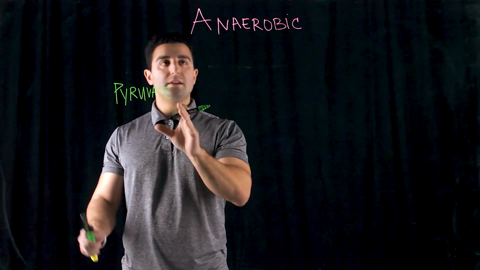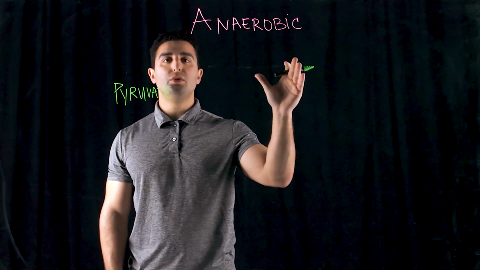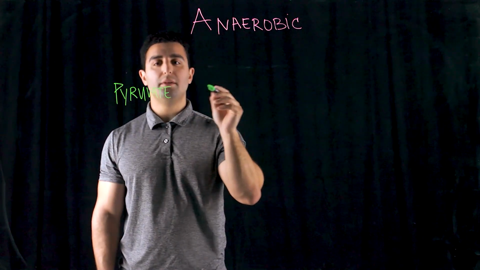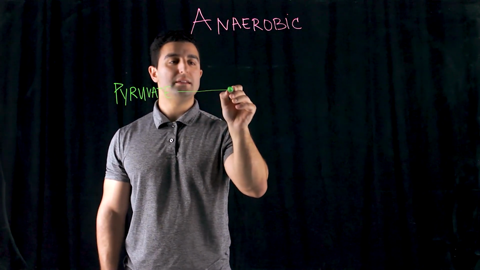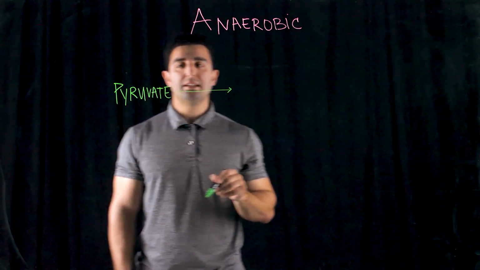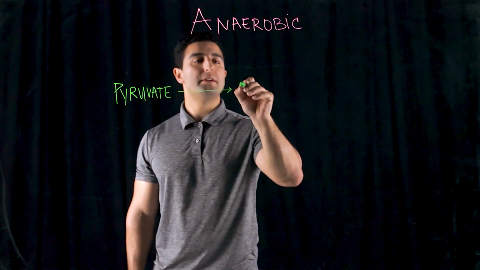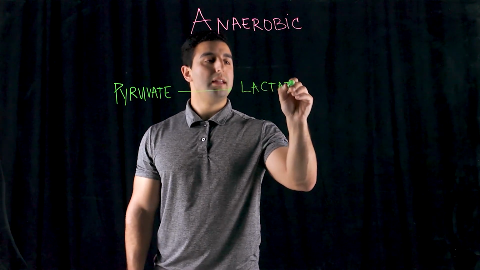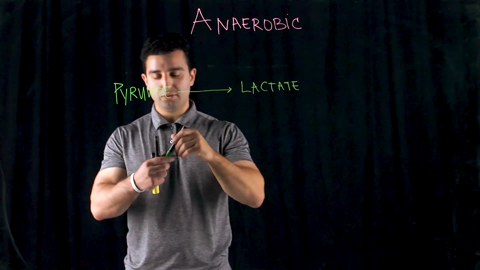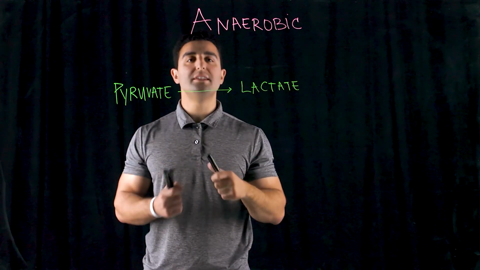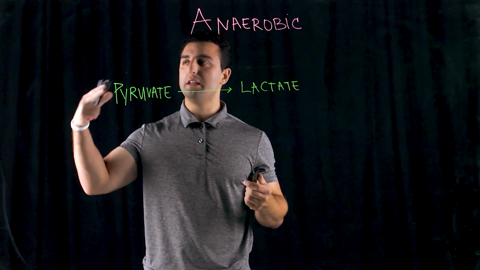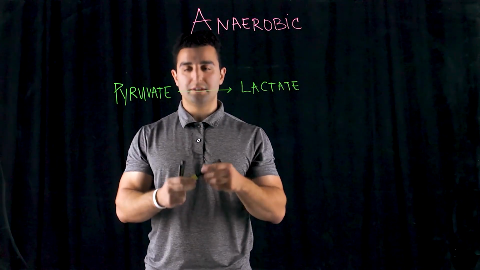Because pyruvate does not get shunted to the mitochondria for the pyruvate dehydrogenase complex, it remains in the cytoplasm and gets converted into a new byproduct called lactate, or lactic acid. Lactic acid helps with recycling the metabolic cofactor used in glycolysis.